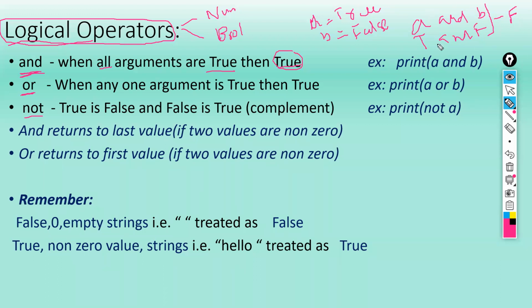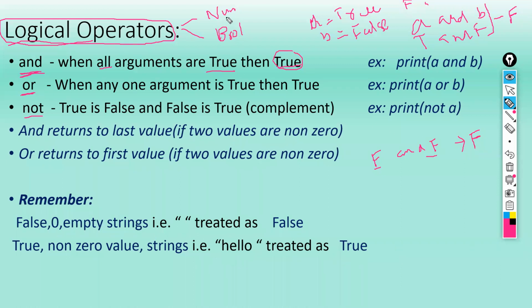If I take false and false, the statement of the AND operator says that all arguments must be true for the result to be true. But here two are false. So false.